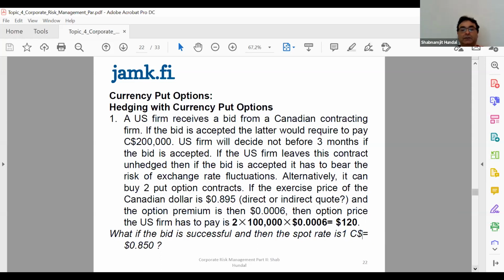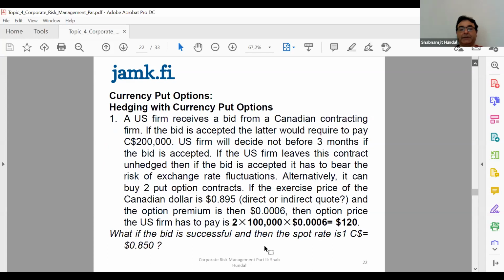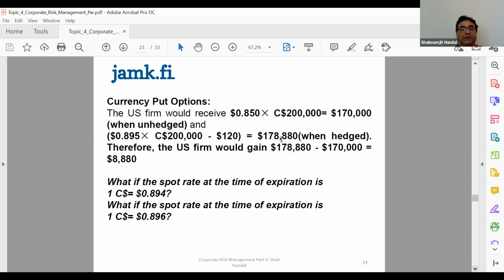So if you had sold 200,000 Canadian dollars in the market, and had you not taken the option contract, you would have got 170,000 American dollars. But with the option contract, you have this strike price, the agreement price, so you multiply it with 200,000.